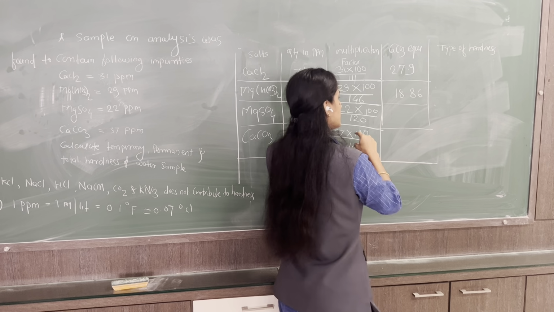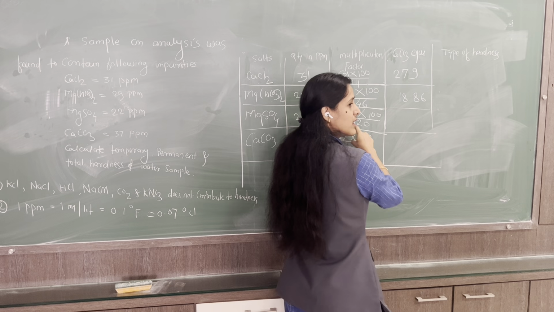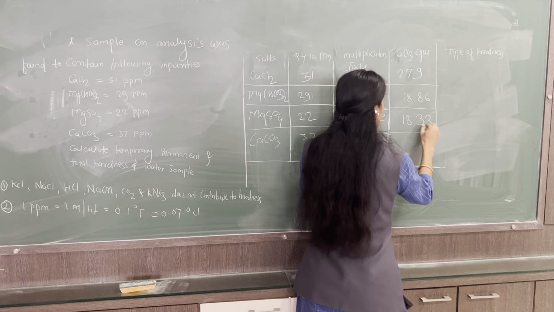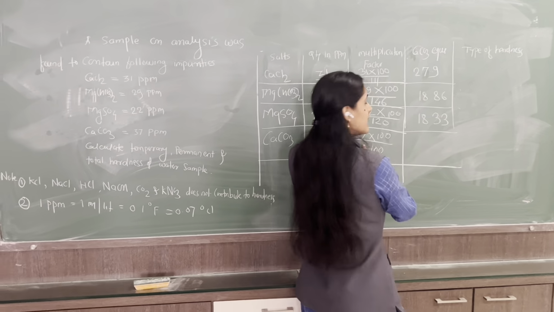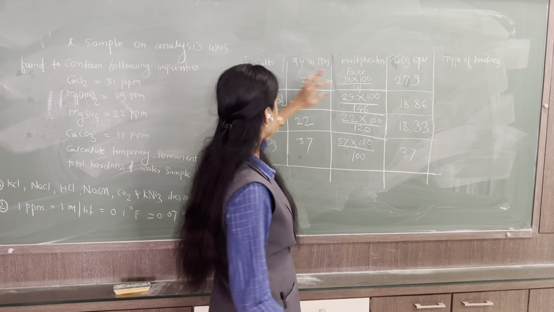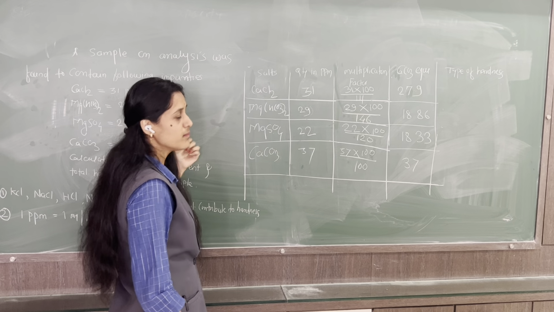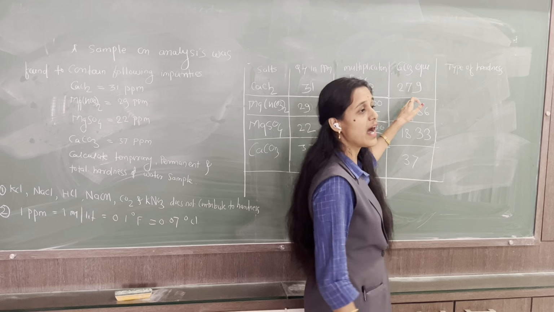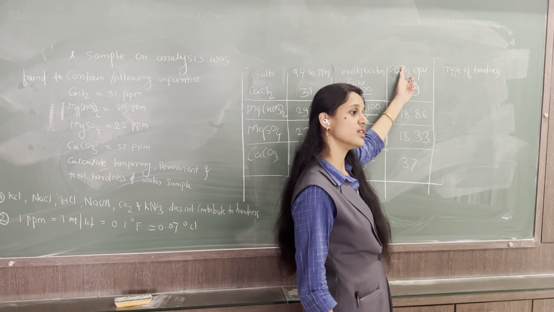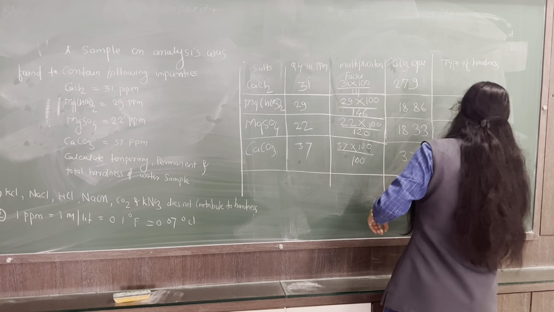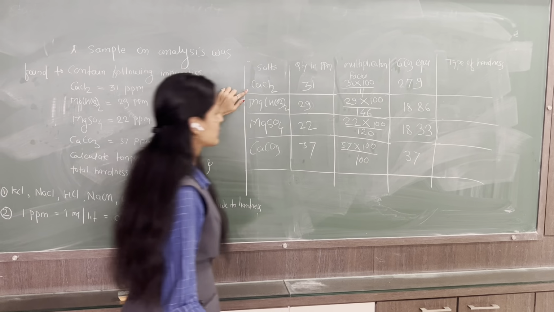In case of MgSO4 it is 18.33. In case of CaCO3 it is 37. So whatever impurity is present in this water, we have converted into hardness equivalent to CaCO3.